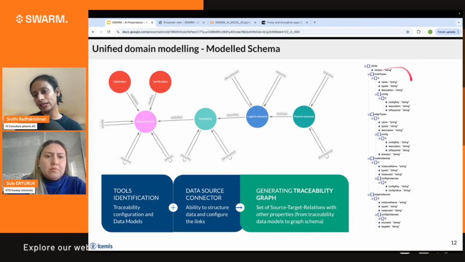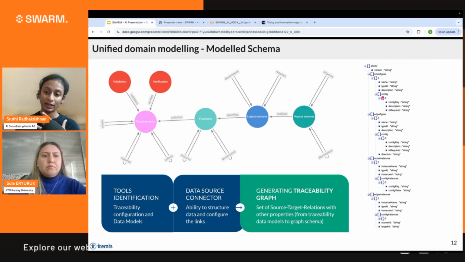Then we also had an exchange format, because once you use something like a traceability tool or an NLP pipeline to get the answers for your knowledge graph or send it to the user, you need a dedicated exchange format. So you can see we have node types, edge types, node instances, and edge instances that represent how the data is being transferred across different services that you build during the real-time operations.